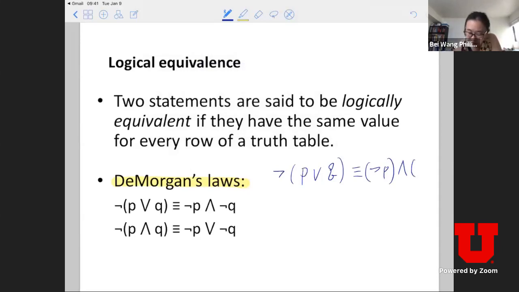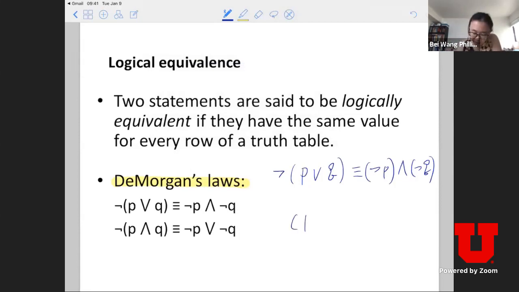So change the OR operation to an AND operation. One way to really remember what De Morgan's law does: if you put the negation on the outside, you kind of flip the OR operation, which is like a regular V, back to an upside down V.